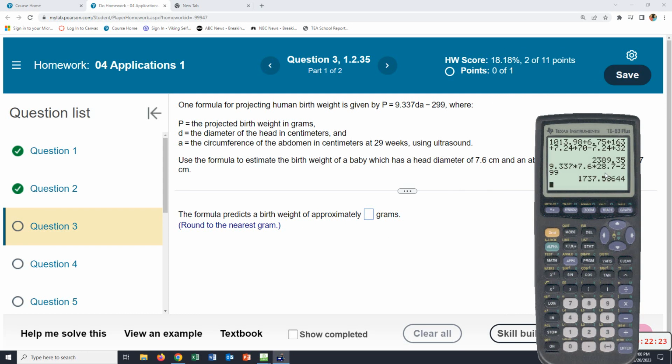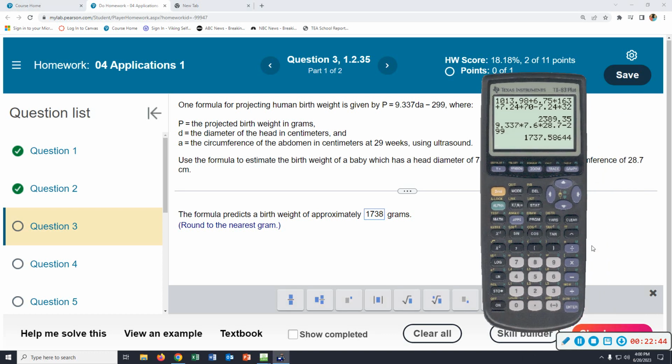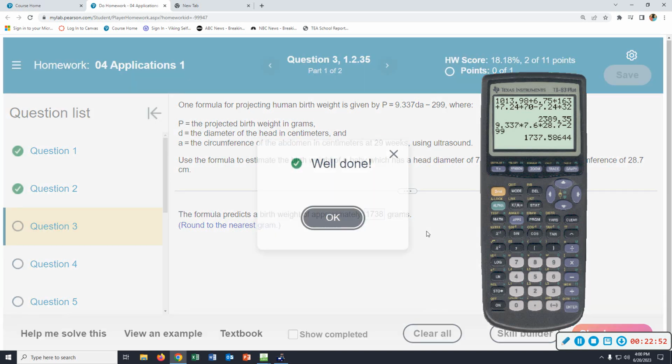So, let's see. Should I leave this as a 37 or make it a 38? Well, I think I got to make it a 38, don't I? Because the digit after the 37 is a 5. So 1738.